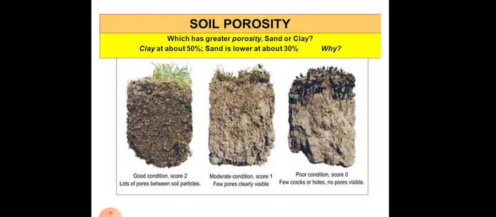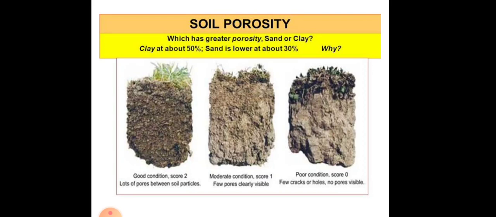to each structure. The first structure gets the highest score because it is in good condition as well as lots of pores are present in this structure. In the middle structure the pores are less, or the porosity is less, so it is in moderate condition, and the last structure is in poor condition because there is no porosity.